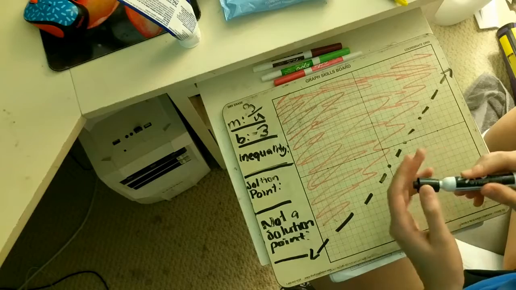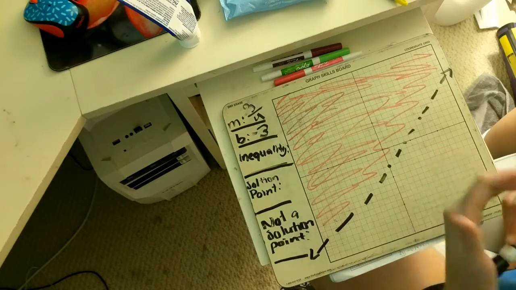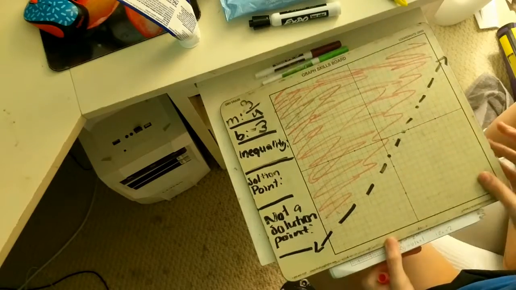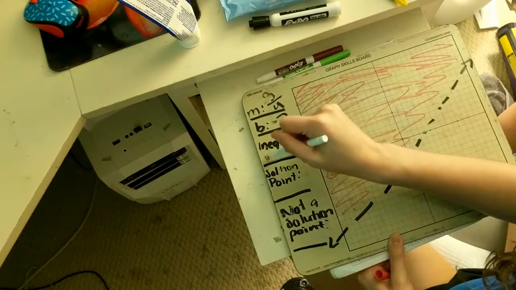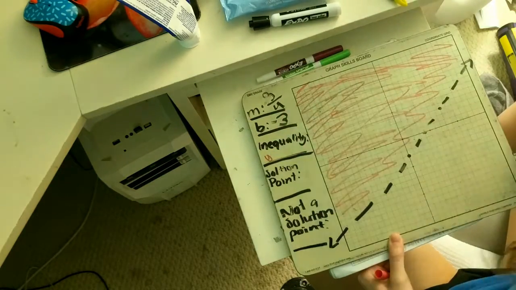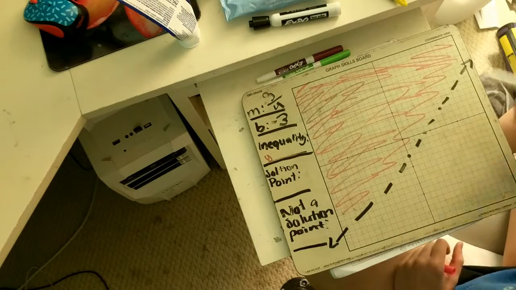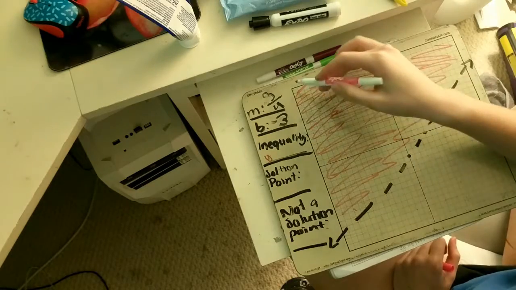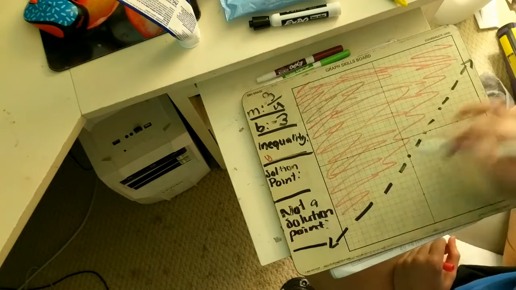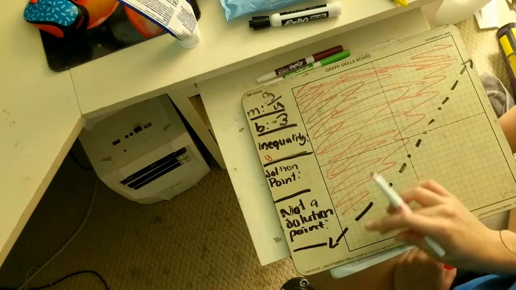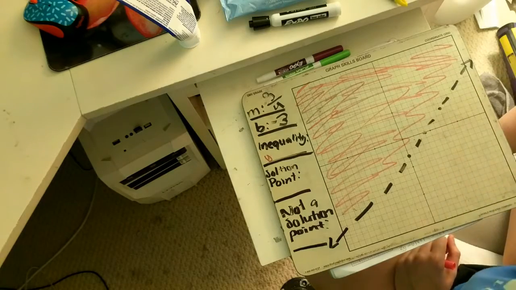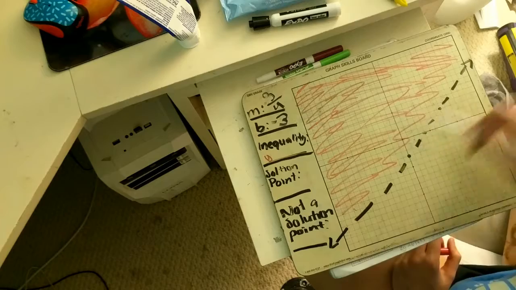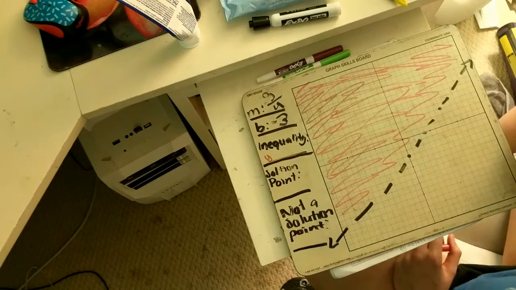Our inequality, or our equation, is y. And now we are going to look at where the shading is and what type of line it is. So as you can see, it's a dotted line, the shading is above or to the north.